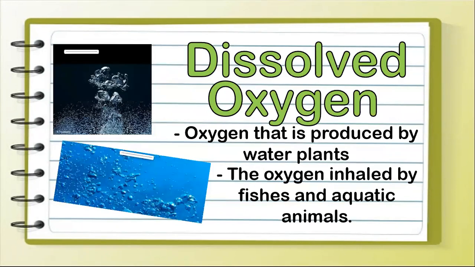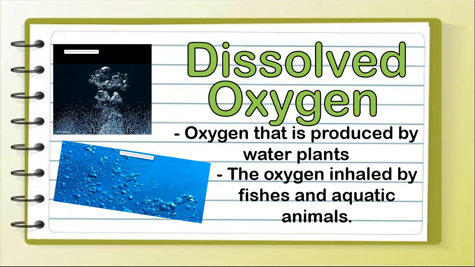Then lastly, we have dissolved oxygen. There are many types or many examples of abiotic components, but these are the only things that I will present to all of you. These are just few of the examples of many things that can be classified as abiotic component.